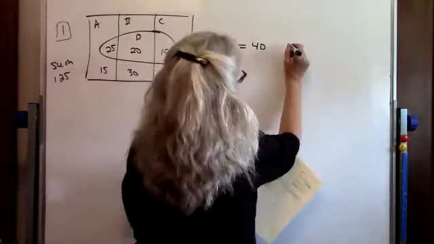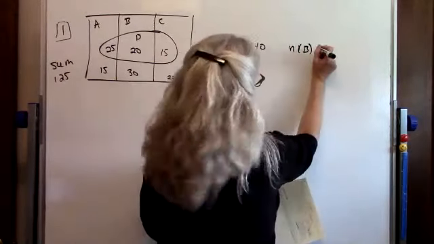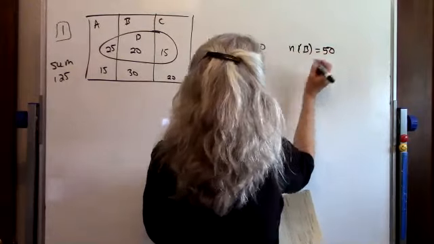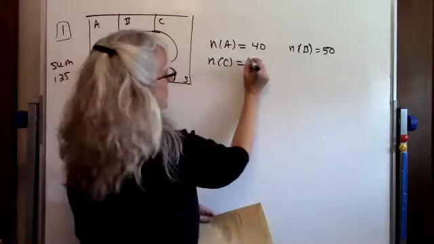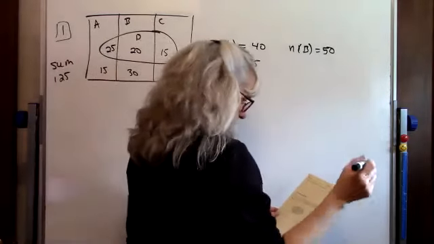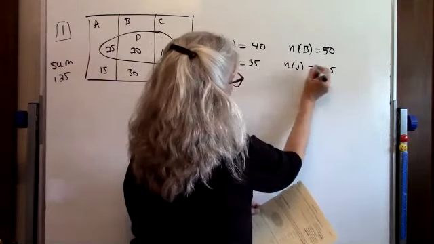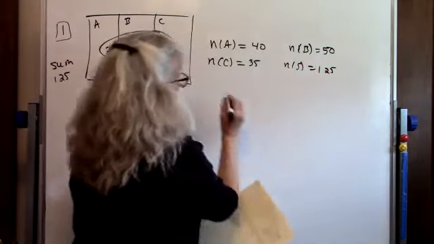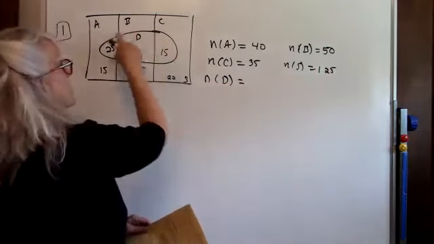The number inside of B is the 20 and the 30 added together, which is 50. The number inside of C is 15 and 20, which is 35. The number in the sample space we already found, but we know that's 125 if we add all those numbers together. The number inside of D, so D is this set.